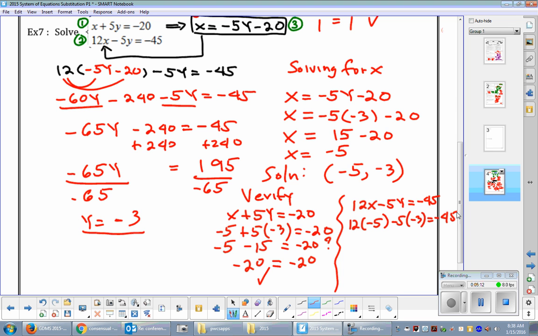We're trying to verify if the left side is equal to negative 45. What's 12 times negative 5? It's negative 60. Negative 5 times negative 3 is positive 15. And then if you simplify negative 60 plus 15, we'll get negative 45. Okay?